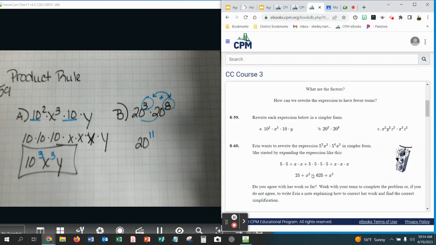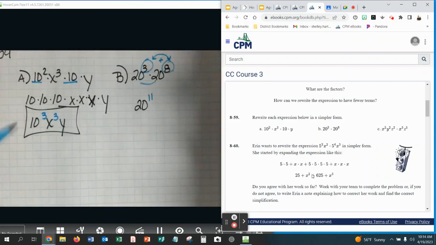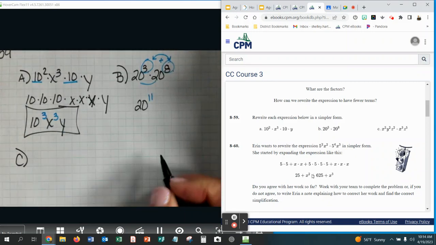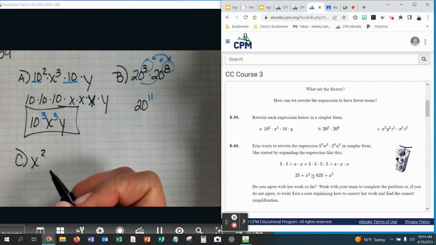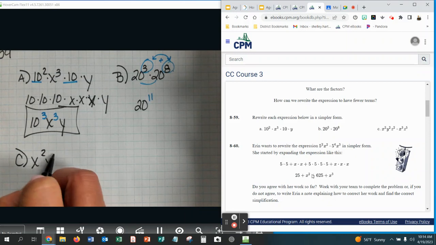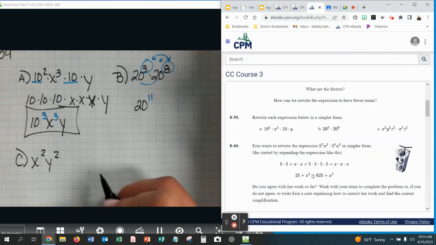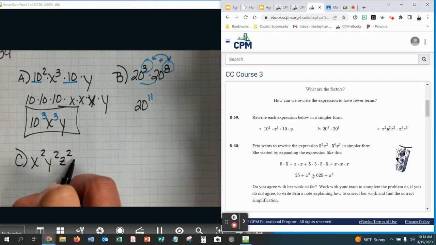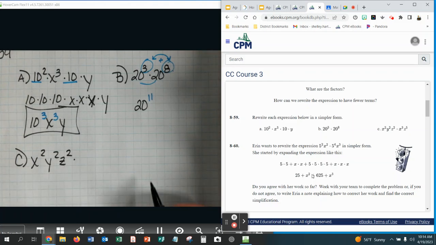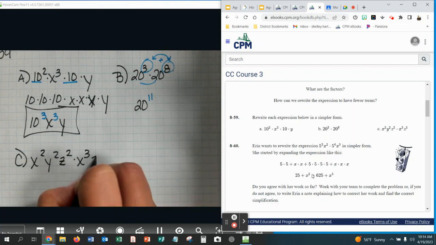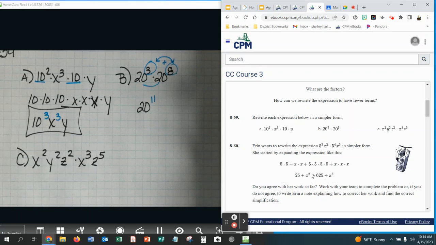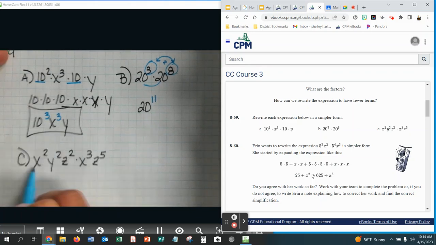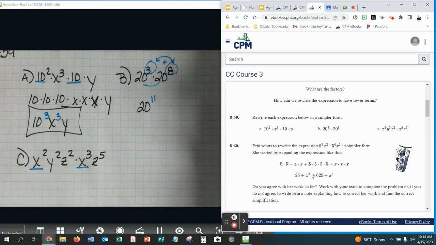Okay. Let's take a look at C. So we have x squared, y squared, z squared, oh my goodness, times x to the third and z to the fifth. Okay, great. So what are like bases? Well, this is a like base and this is a like base.